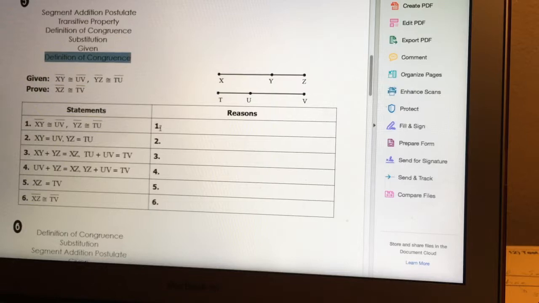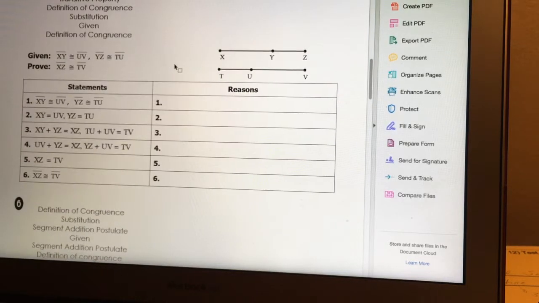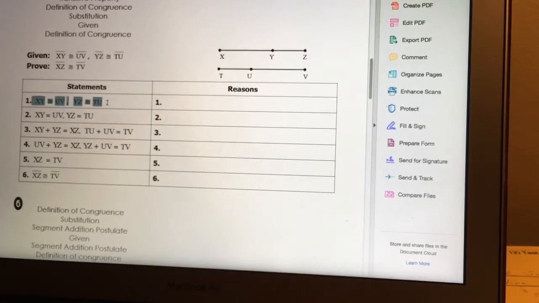So, the first reason is always given. If we look at this right here, the reason why we're able to make this statement is because it is given to us in the problem. So, let's look through the givens real quick. XY is congruent to UV, and YZ is congruent to TU.